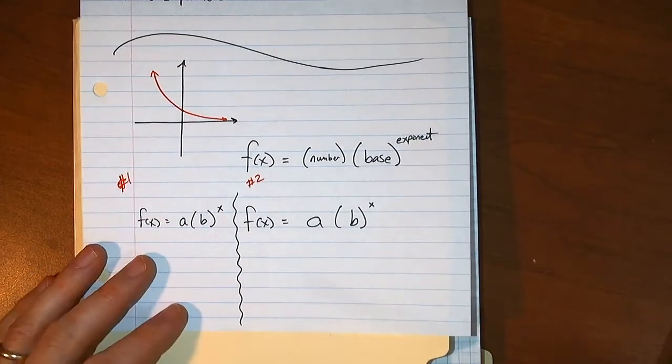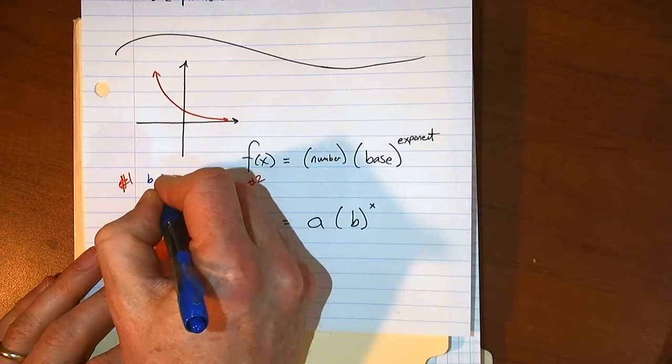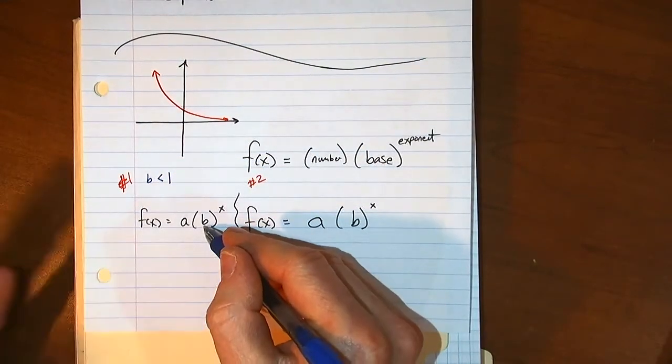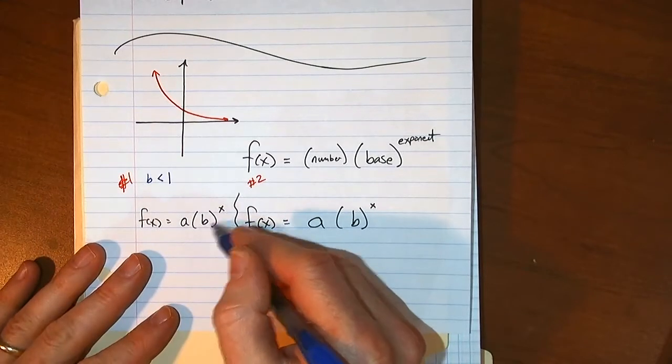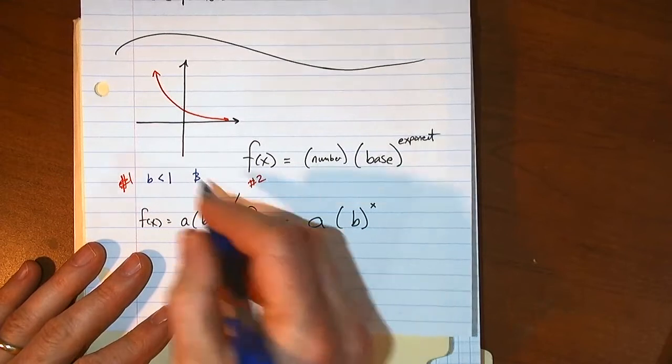So what could happen here is you could have b be a number that's less than 1. So it could be like 1/2, 1/4, 0.9 even, whatever. But x, the exponent, does not have a negative sign.